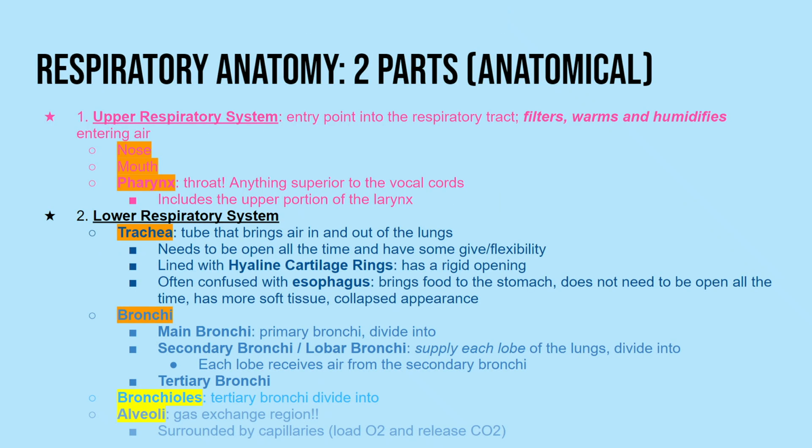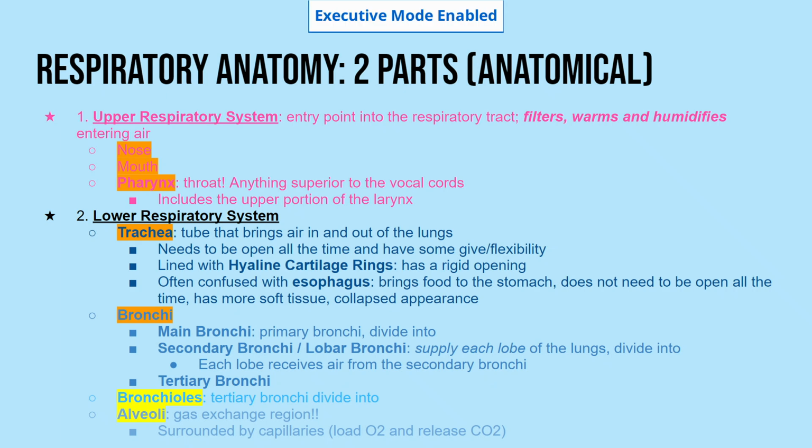Okay, so starting out, just looking at anatomy. The respiratory system is divided into the upper respiratory system and the lower respiratory system. A lot of the upper respiratory system is the conducting parts, which just means that they're parts where the air is just passing through to the parts where gas exchange occurs.